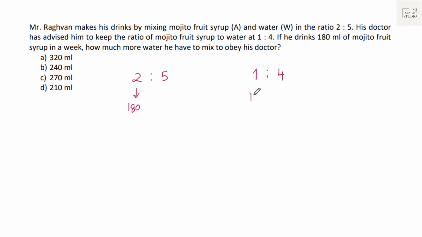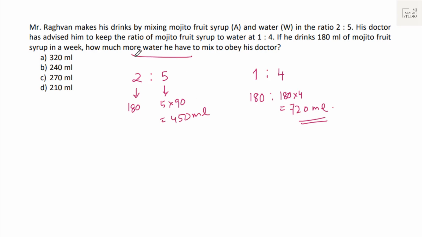According to the doctor's advice, 180 ml of juice should be mixed with water in the ratio of 1:4. So 180 ml into 4 is 720. He should drink 720 ml of water. But how much water has he actually drunk? 2 is 180, that means 1 is 90. 5 is 5 into 90, that is 450 ml.